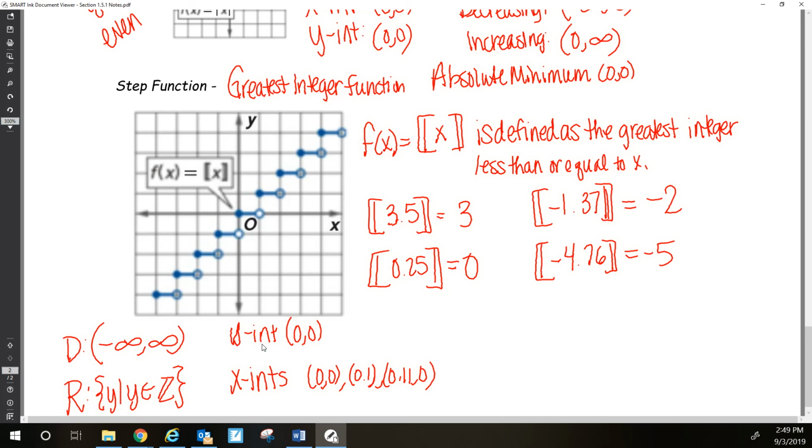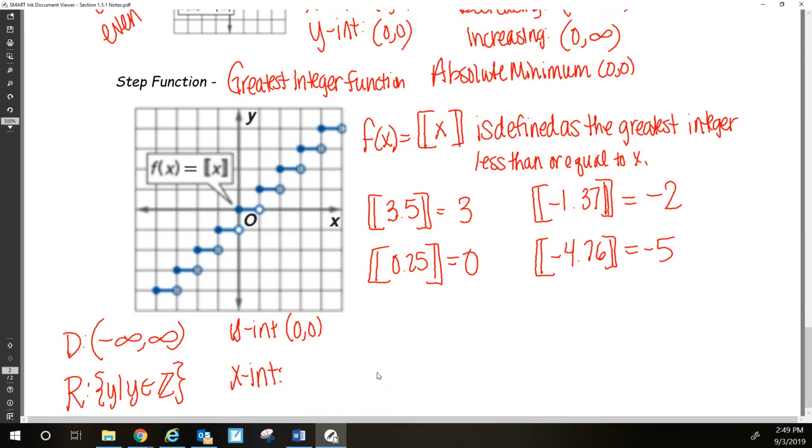Do I expect you to come up with every single one of them? No. So you could say an infinite amount on the interval 0, 1. Including 0, but not including 1.